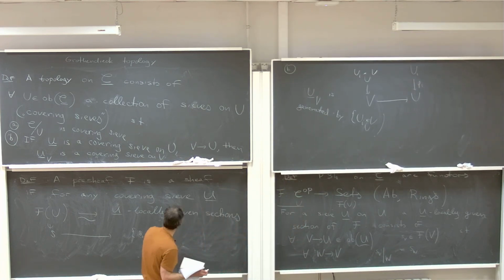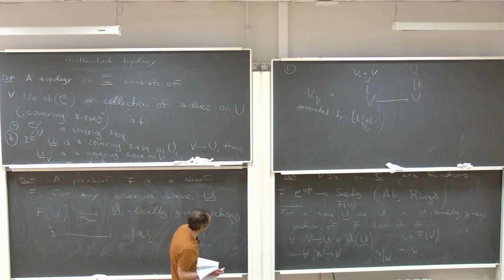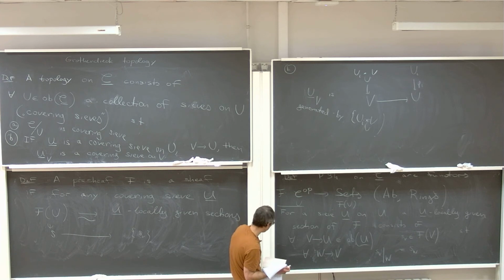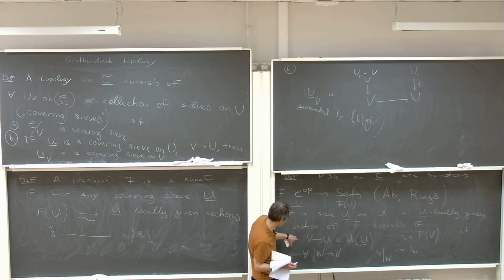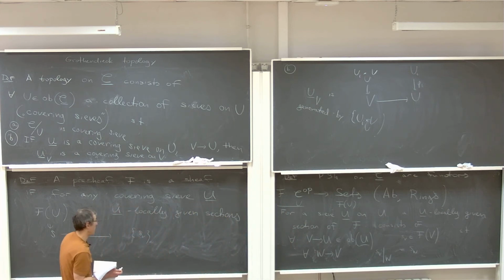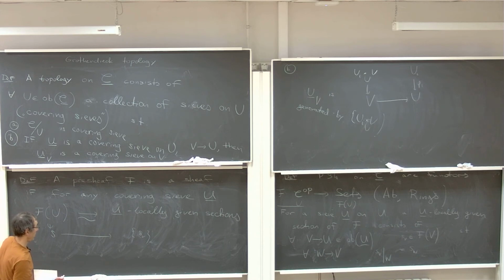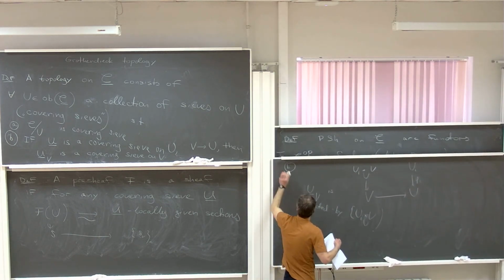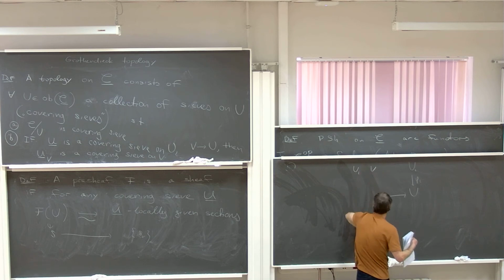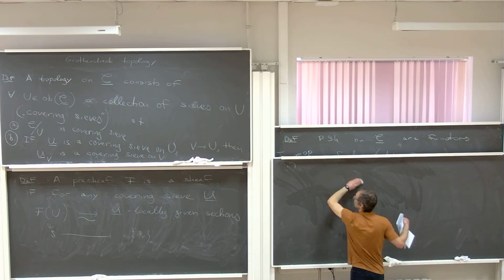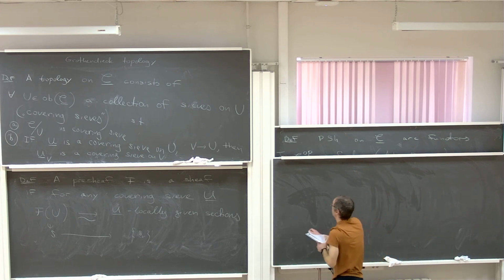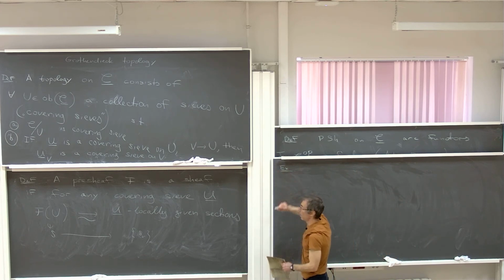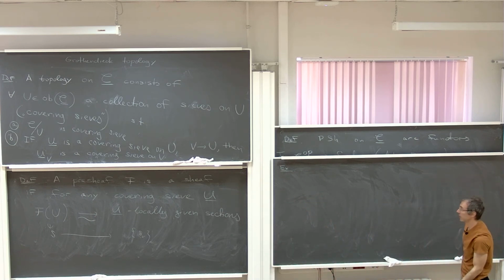Say my C is the category of open subsets of a topological space. Then a covering sieve over U is just a collection of open subsets of U that cover my U. Let's see that this definition of sheaf agrees with the classical definition.